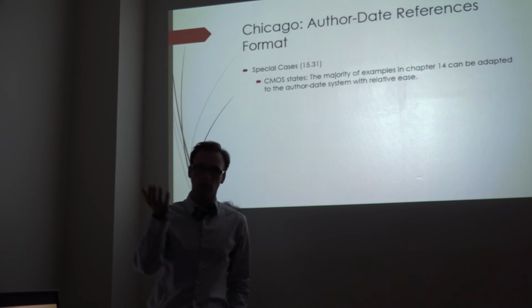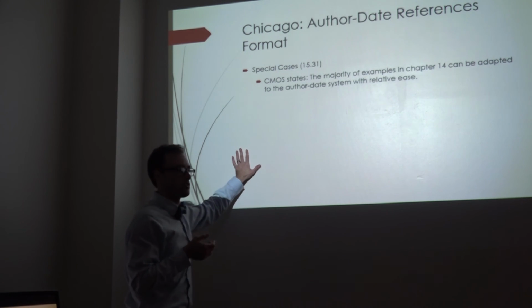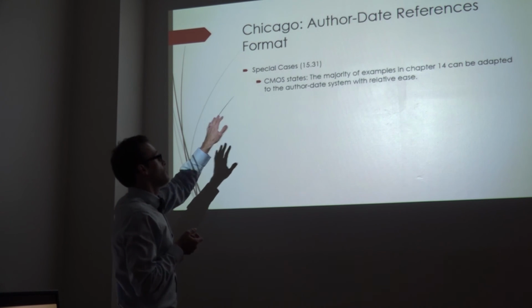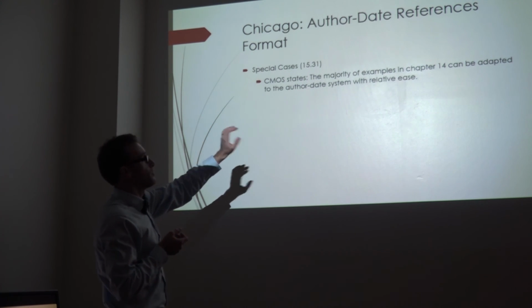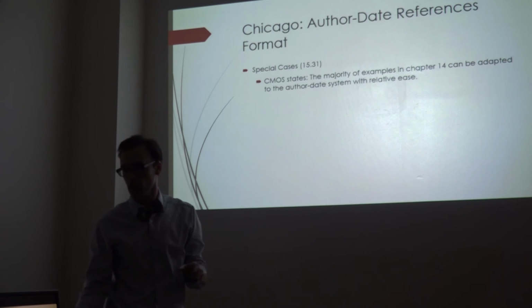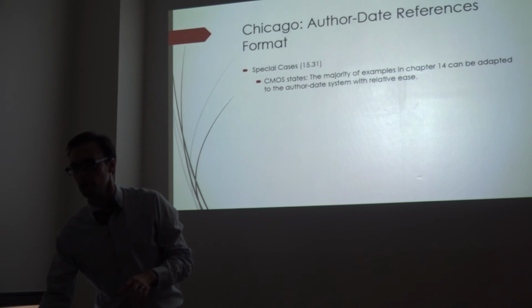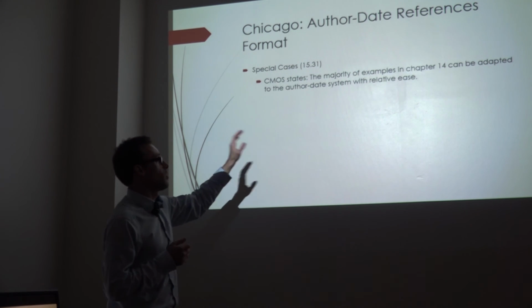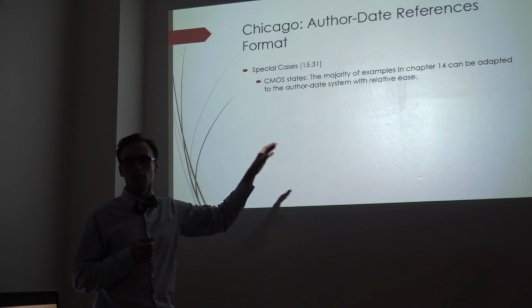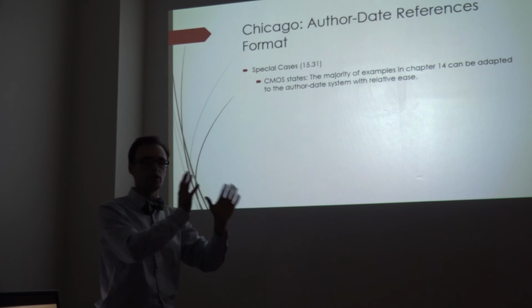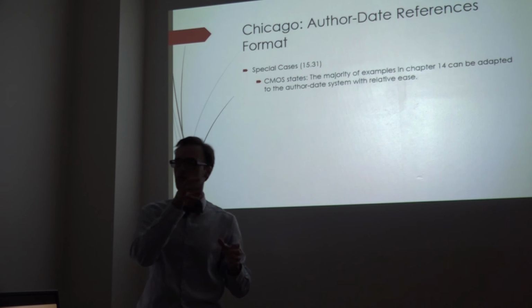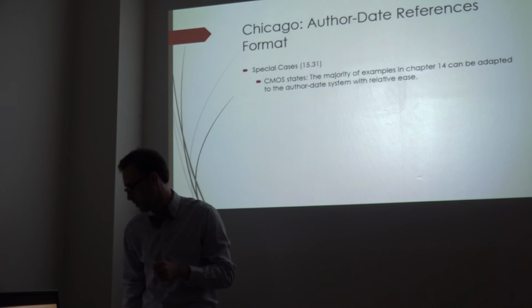And this is what I was talking about earlier. This is why we're not going to spend too much time on author date, because Chicago Manual style states that the majority of examples in chapter 14, which is where you find notes and bibliography, can be adapted to the author date system with relative ease. So it's just a matter of retranslating that, putting it into the proper form to match the author date format.